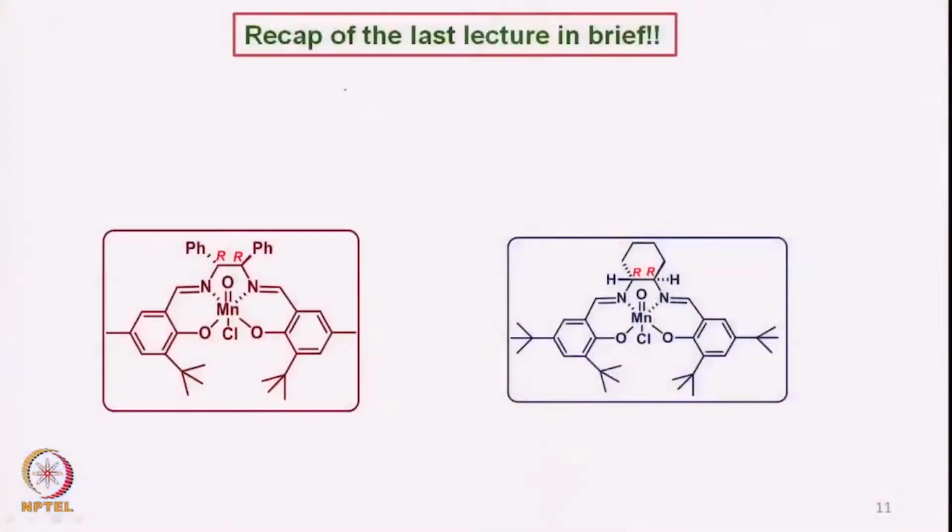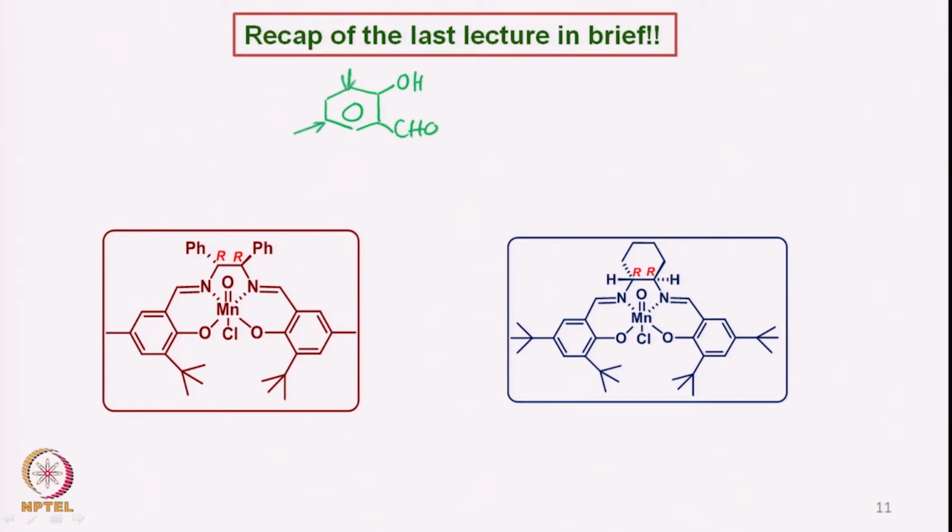And we initially looked at how the C2 symmetry based 1,2-diamines can be prepared, and also how we can get the aldehydes, especially the salicylaldehyde which we discussed, and they are not easy to prepare, and therefore we looked at some methods for making them. We need a substituent here and a substituent here.